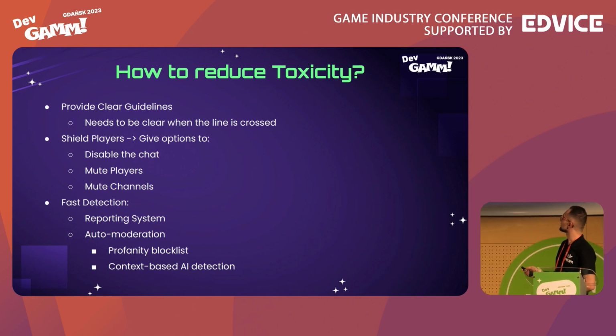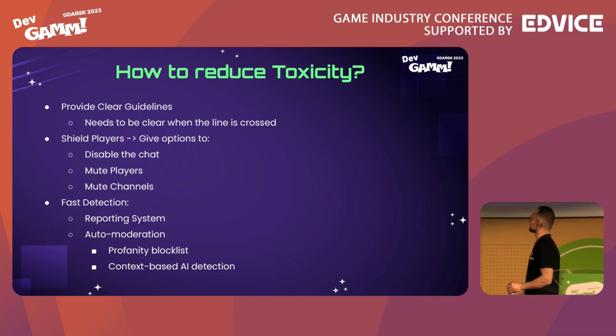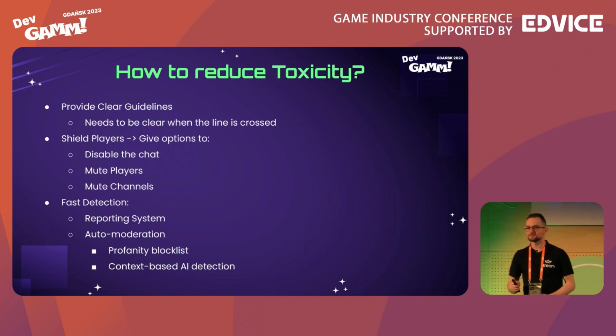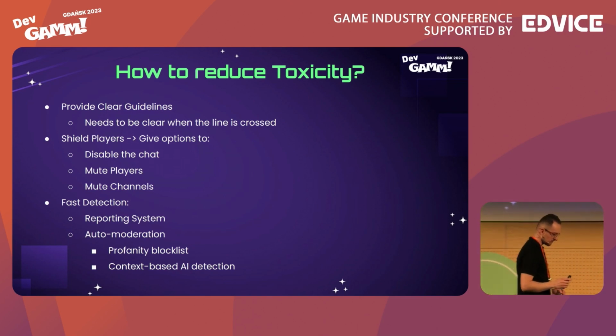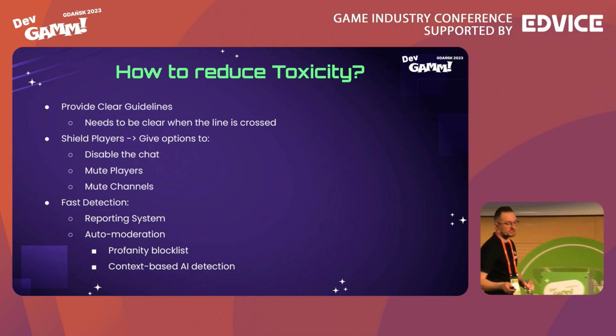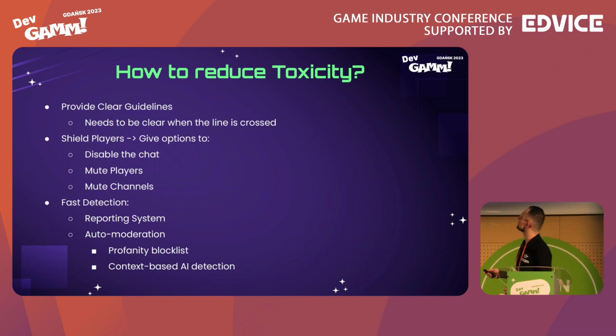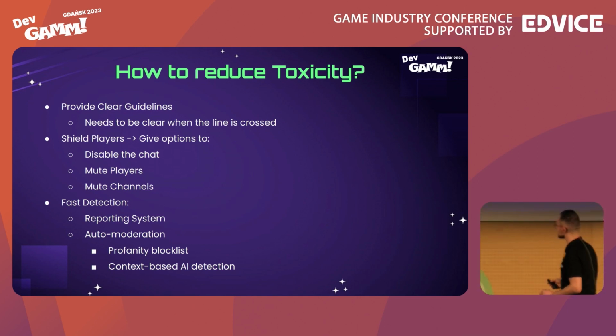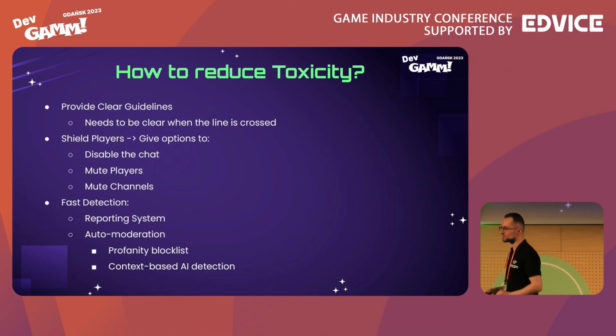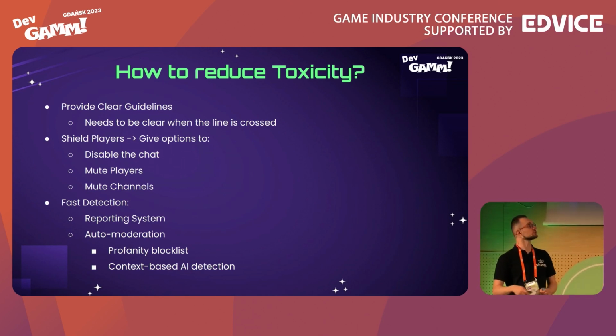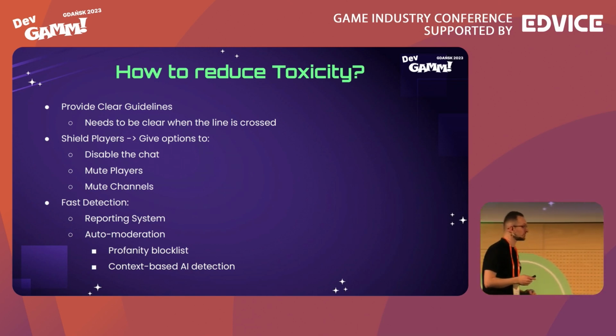Also, another important factor is fast detection, okay? You can incorporate it by having a reporting system. As we saw on the previous slide, almost 25% of players will use reporting systems whenever they encounter toxic behaviors. Also, you should seek ways of automatic moderation because it is usually the easiest and cheapest way to control and manage the community.